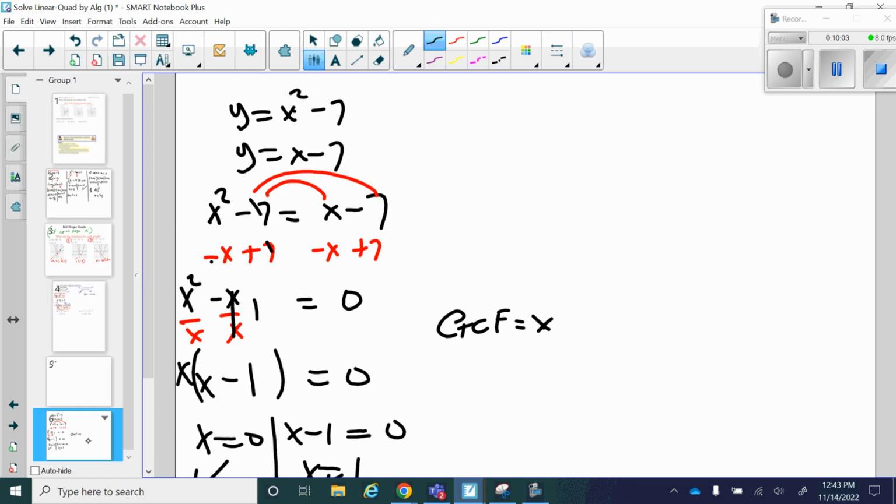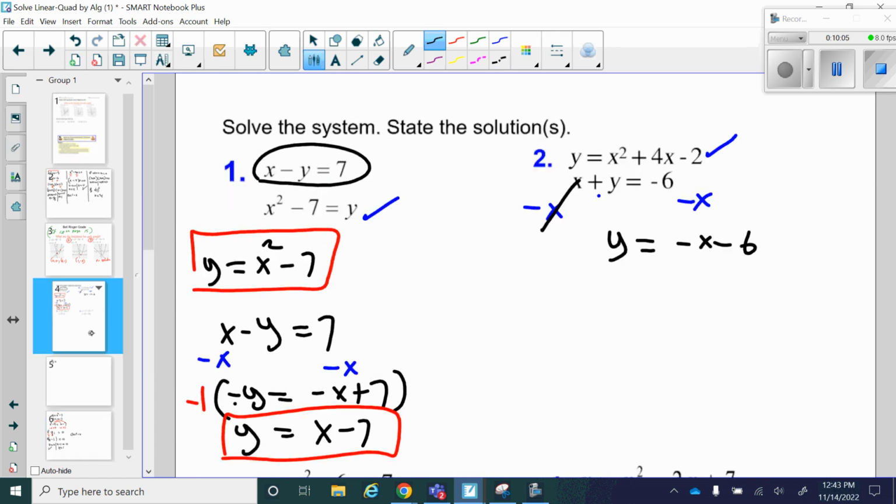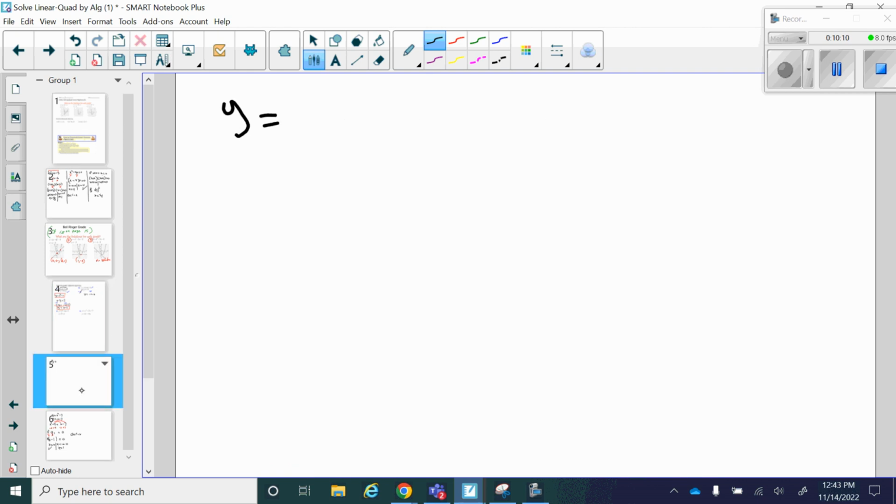Oh, I can't remember again. Yeah, negative x minus 6. So y is equal to negative x minus 6, and our other equation is y is equal to x squared plus 4x minus 2.